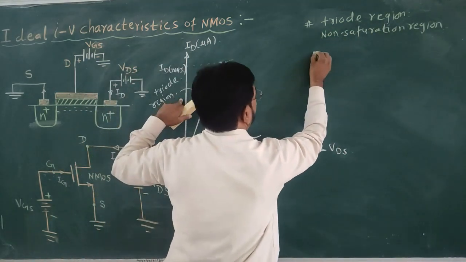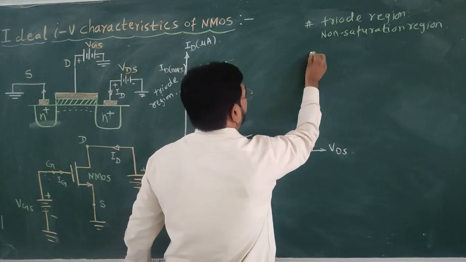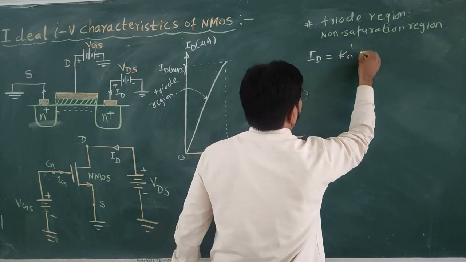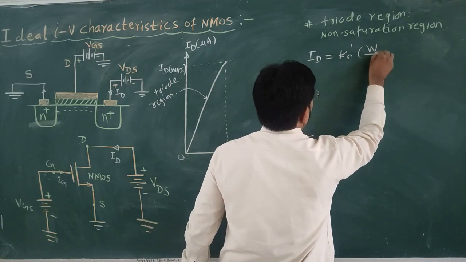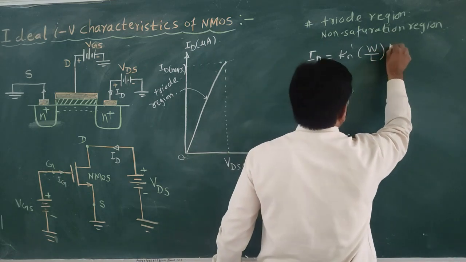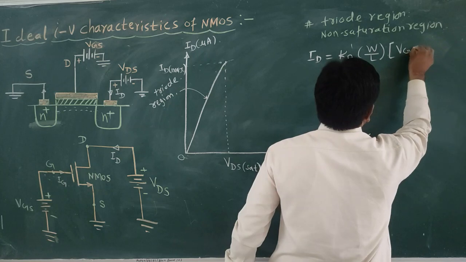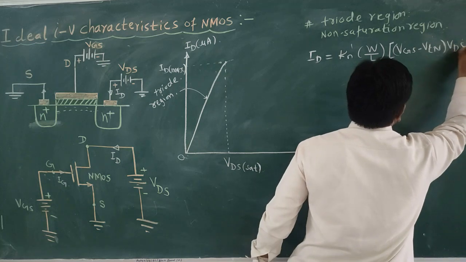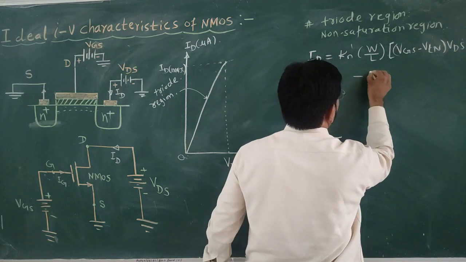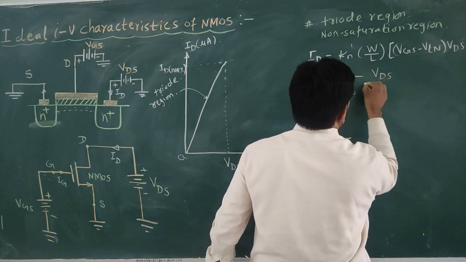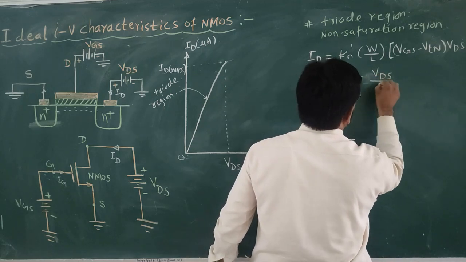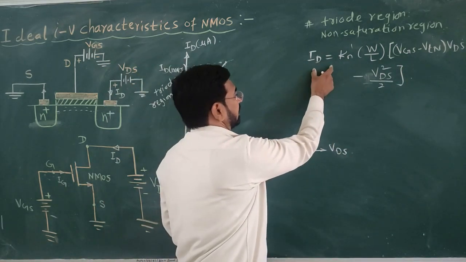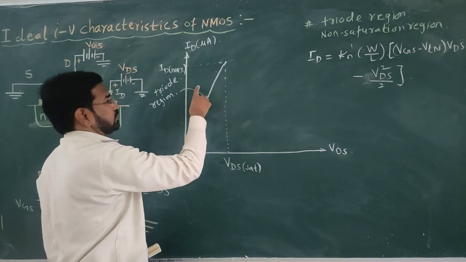This current is given by the equation ID = Kn' (W/L) [(VGS - VTN) VDS - (1/2) VDS^2]. So, this is the equation for the current in the triode region or non-saturation region.